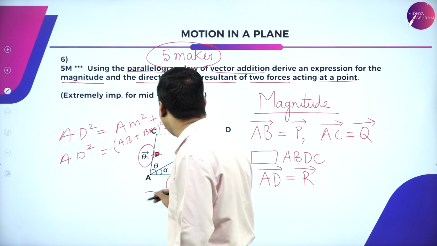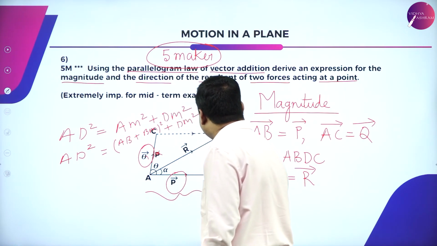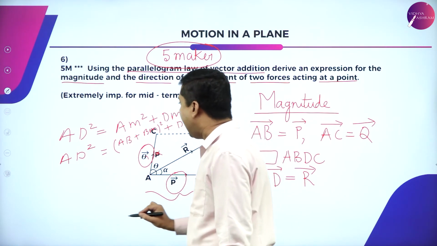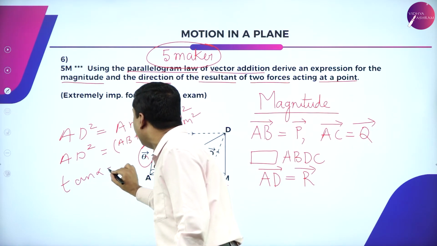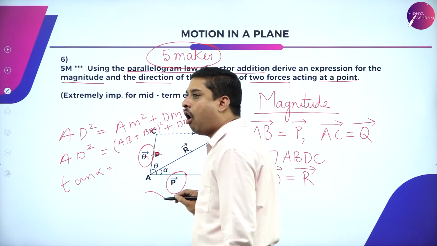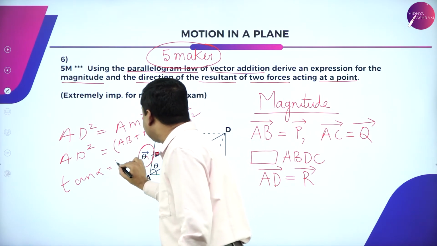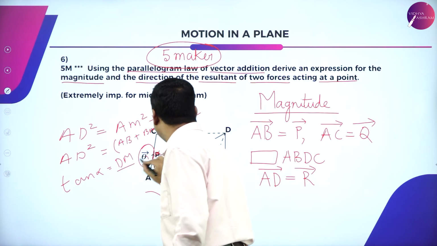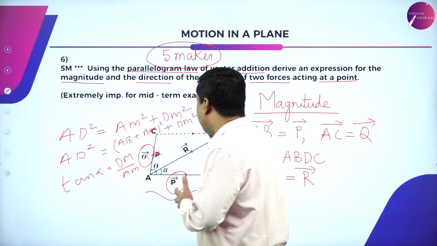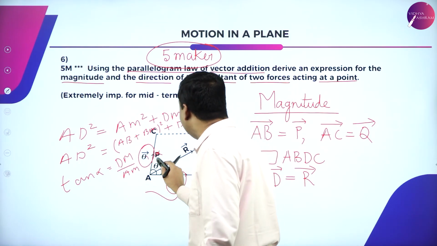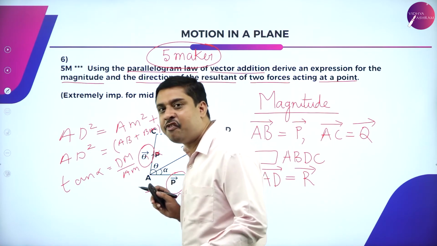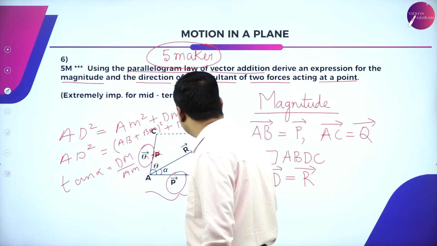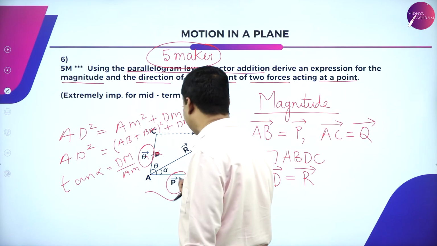So from the triangle ADM, tan alpha is DM divided by AM.